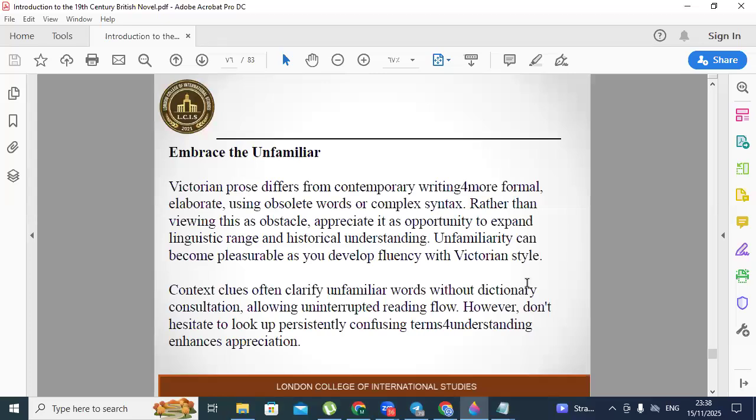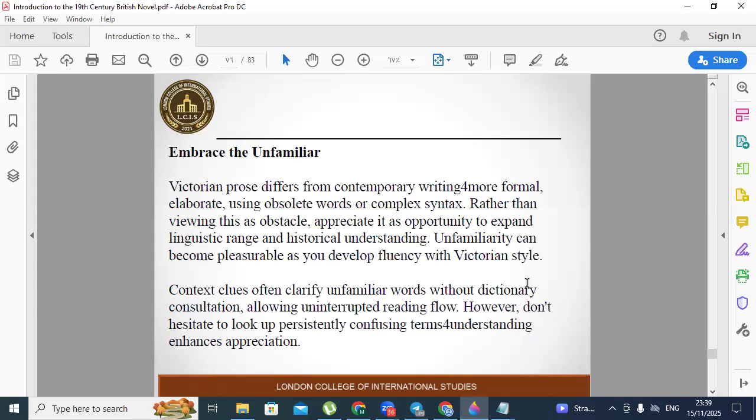Unfamiliarity can become pleasurable as you develop fluency with Victorian style. Context clues often clarify unfamiliar words without dictionary consultation, allowing uninterrupted reading flow. However, do not hesitate to look up persistently confusing terms.